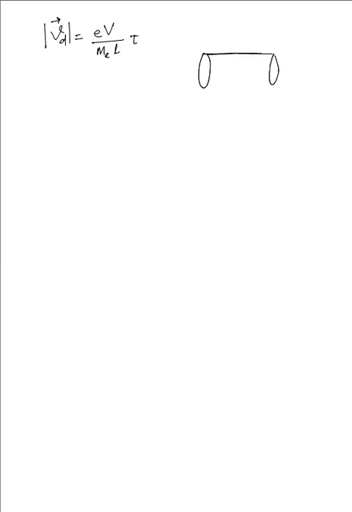This is the segment of a wire conducting the current, and the area of cross section is A. One of the electrons travels from one end of the conductor to the other. Of course, there are plenty of electrons, but as of now, I'm considering just one electron. This is the positive end of the conductor, while this end is negative.